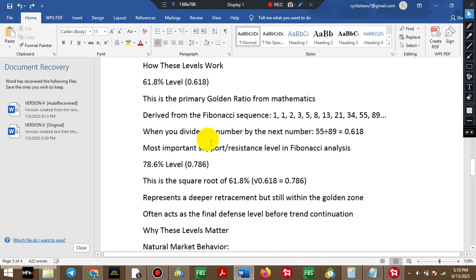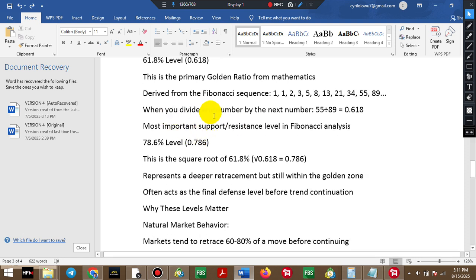So when you divide any number by the next number, you get 0.618 after converting it into 3 decimal places, right? So after 1, we have 2, 1 plus 1; 2 plus 1, 3; 3 plus 2, 5; 5 plus 8, 13; 13 plus 8, 21; 21 plus 13, 34; 34 plus 21, 55; then 55 plus 34, we have 89.